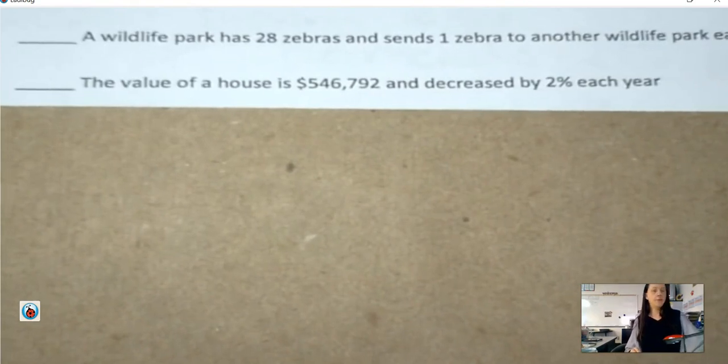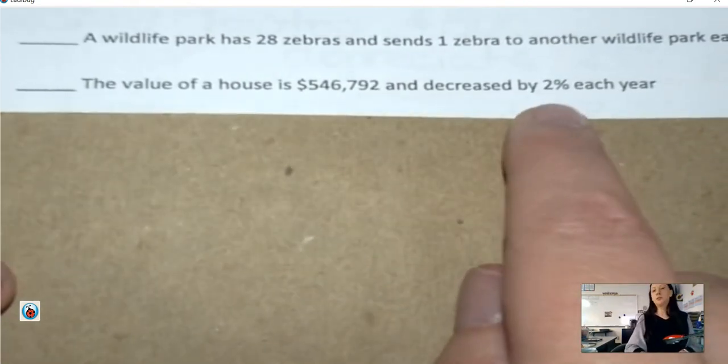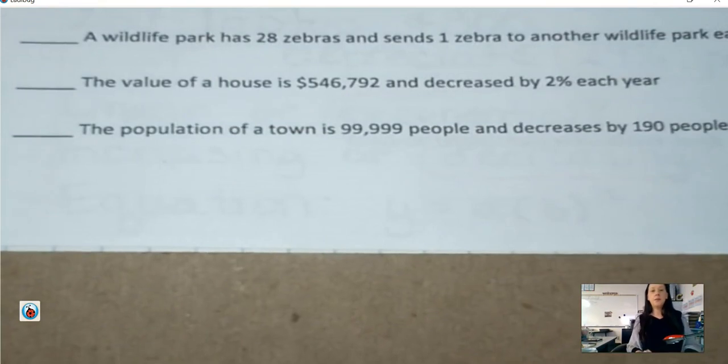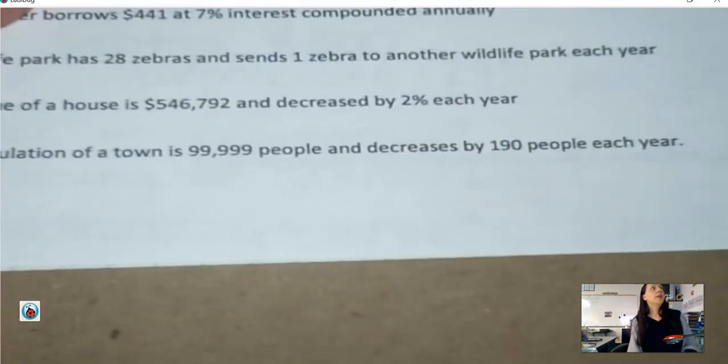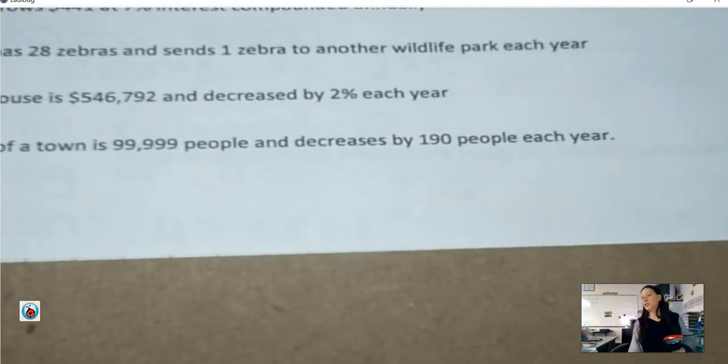What's that, everybody? Exponential. And then finally, the population of a town is 99,999 people, and then it decreases by 190 people each year. Figure out that one. What's that one, everybody?